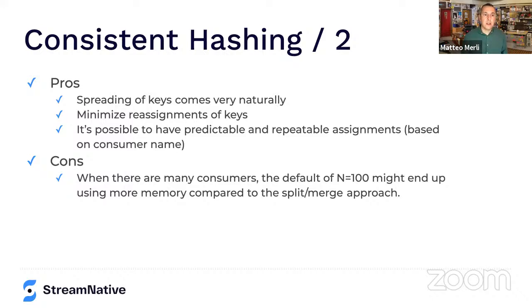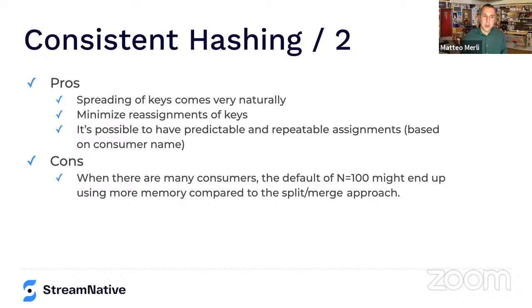The other thing is that you minimize the reassignment of keys. With n equal 100, the number of keys that are reassigned when a consumer joins or leaves is 1 over n, so one 100th of the keys, when there is a join or leave event.